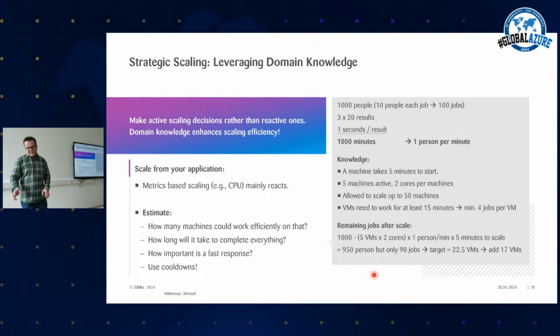We are currently operating 5 virtual machines, and we would still like to finish the computation in an efficient yet timely manner. So how many machines should we add? If we do the computation, it tells us we should use 22.5 machines, simply by subtracting and dividing the CPU times. And we know we should add 17 machines.